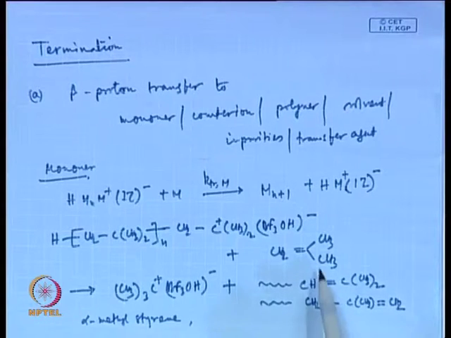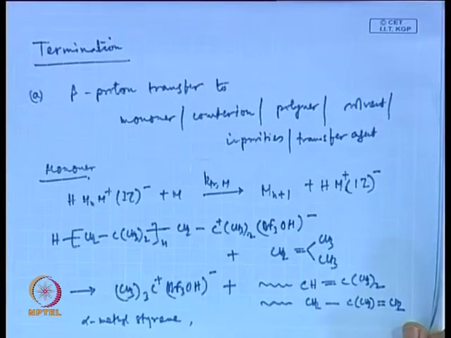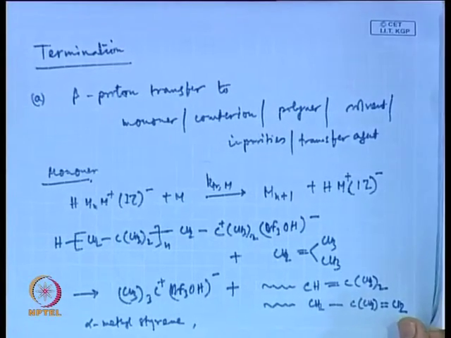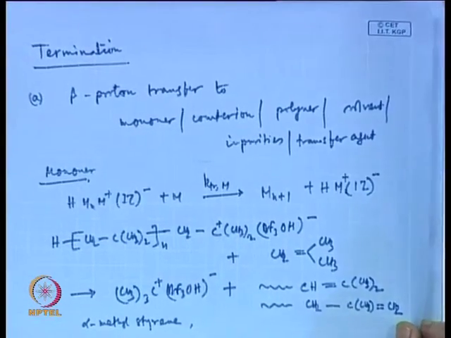As I said, there could be two possible double bonds in case of monomers like isobutylene and alpha methyl styrene, but for monomers like styrene, only one double bond is possible, because in case of styrene you have only one possibility of beta transfer.